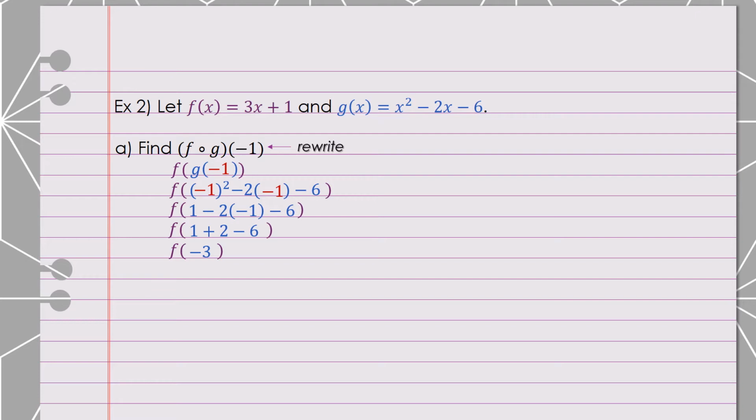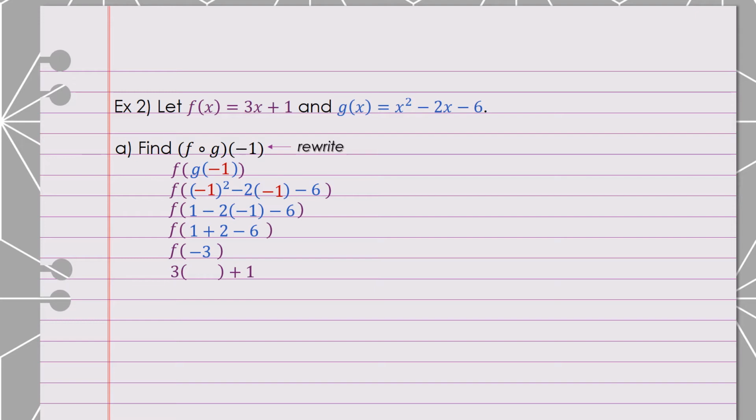But we're not done, because now we zoom out completely and we see we still have a function value, the f function. Looking at the f function, every time you see x, you put parentheses. So it becomes 3 times something plus 1. Now, what value do we plug in?